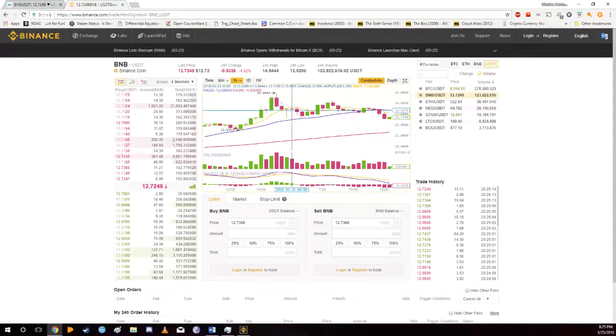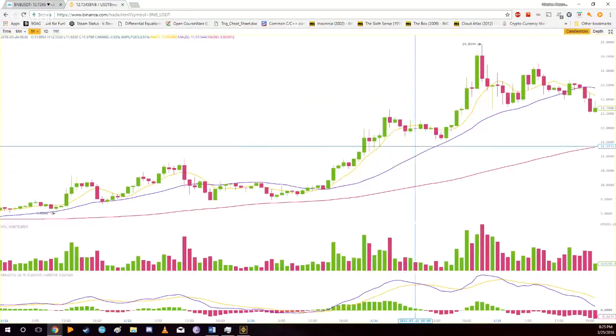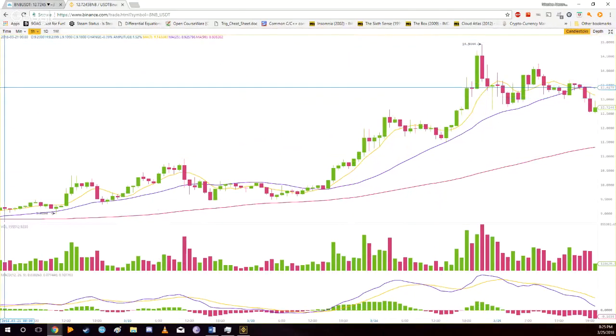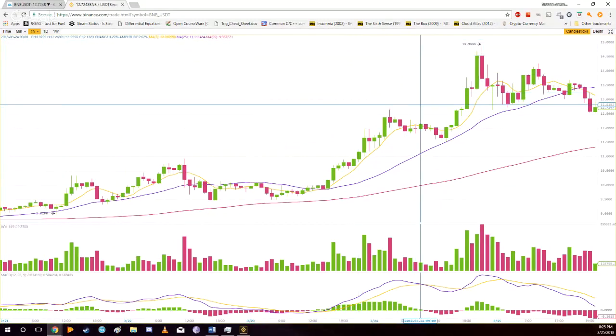The yellow one is the MA10. Oh, I made it MA7, sorry. Usually it is MA10, but this is my personal Binance feed, so it's MA7. Because I trade really fast, I want to see the next move quite fast.